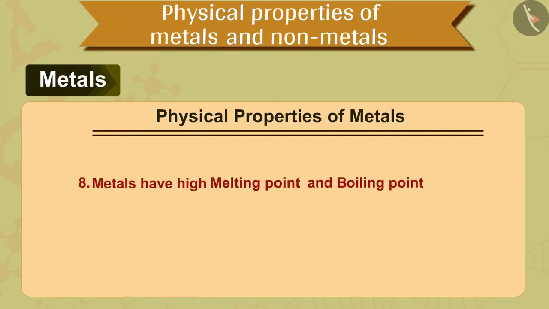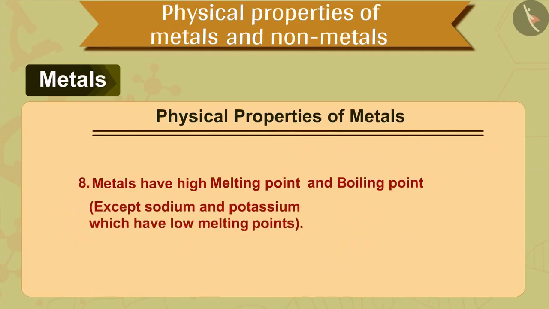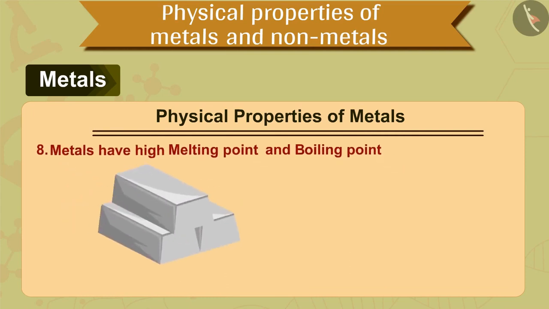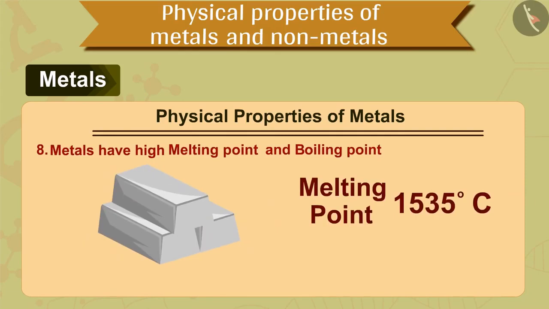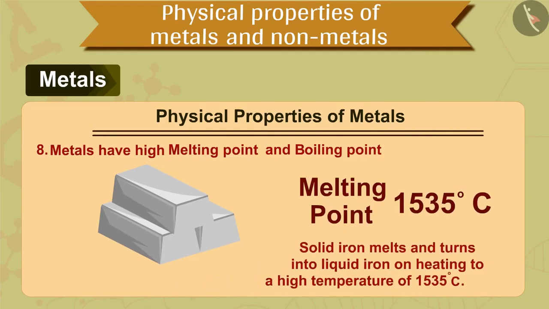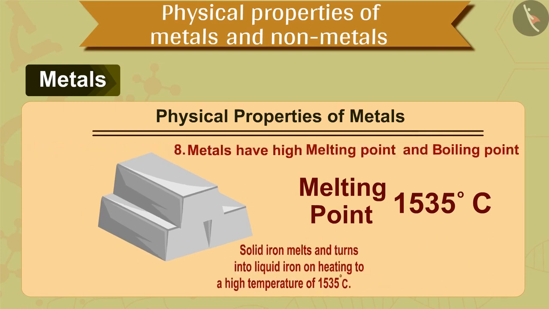The next, eighth property of metals is that metals have high melting and boiling point, except sodium and potassium, which have low melting point. For example, iron metal has high melting point of 1535 degrees Celsius. This means that solid iron melts and turns into liquid iron on heating to a high temperature of 1535 degrees Celsius.